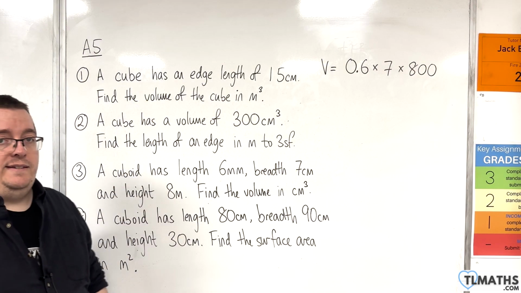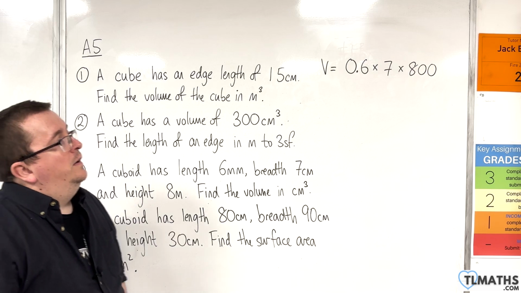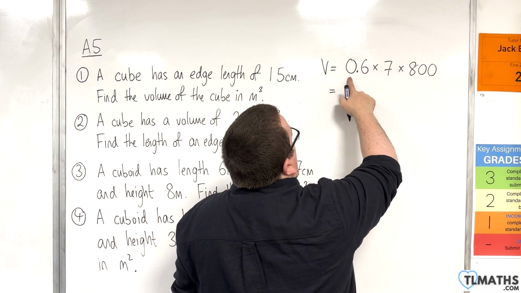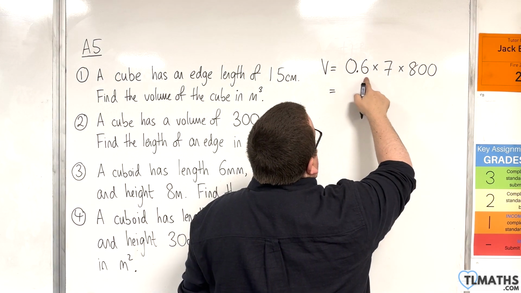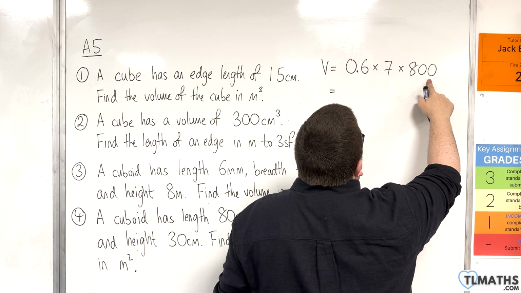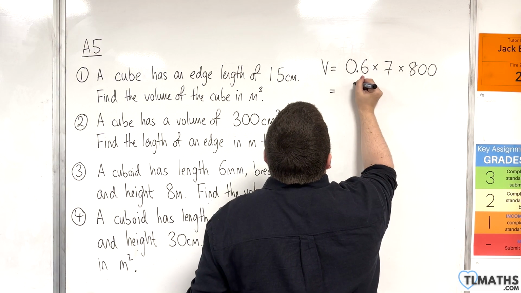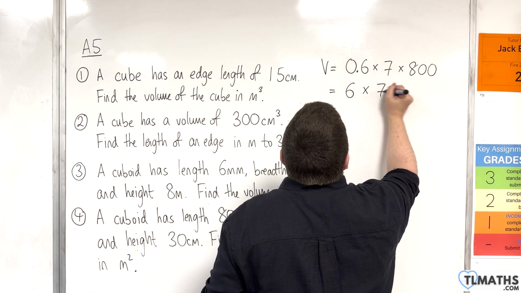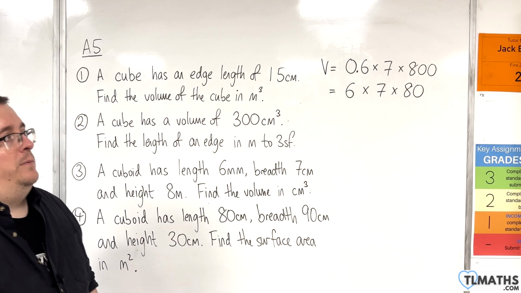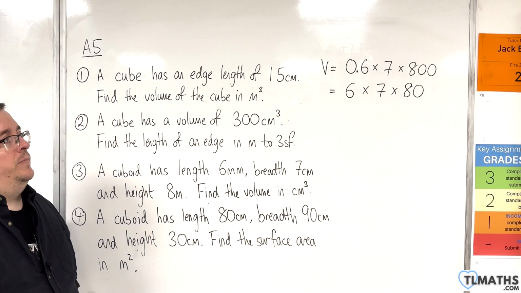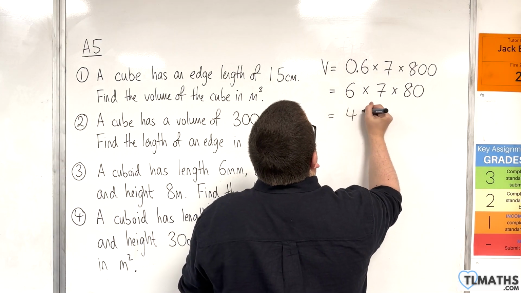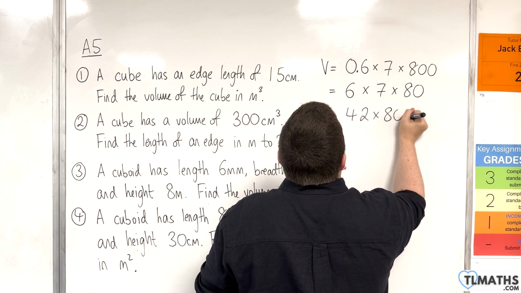So this is what we need to calculate. Now I can save myself a little bit of bother by the fact that if I multiply this one by 10, I can divide this by 10. So this is the same as calculating this. So 6 times 7 times 80. Now 6 sevens we know is 42, so this is going to be 42 lots of 80.